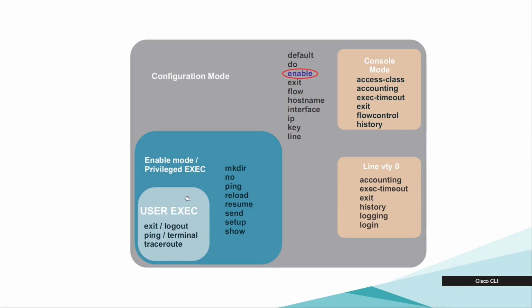We said that enable will take us from the user exec mode to the enable mode, right? Here you have to be very careful where you run your commands, because enable here will do a different thing than taking you from user exec mode to the enable mode. Enable here will allow you to set the enable password. Here are also some configurations that we can do with the console mode or the line VTY for SSH and Telnet.